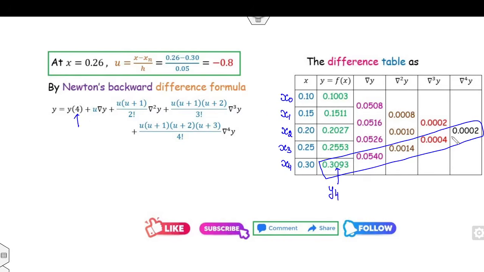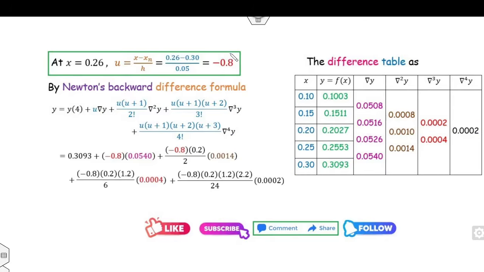I can substitute these lines at the given values, and the value of the u is my minus 0.8. So after the calculation, you will get the answer as 0.2662, and clearly 0.26 lies in between them, and your answer also lies in between these answers. So that's the correct answer.